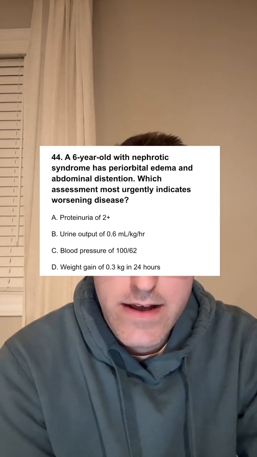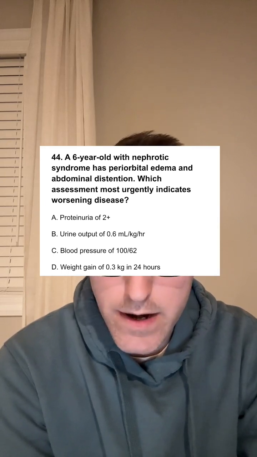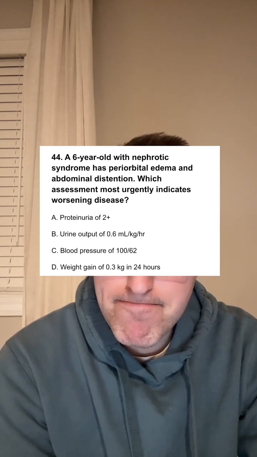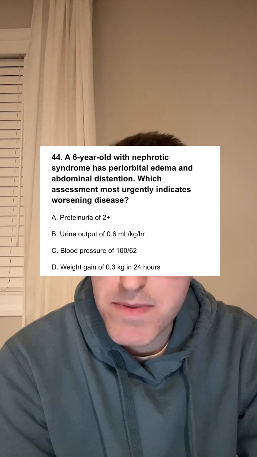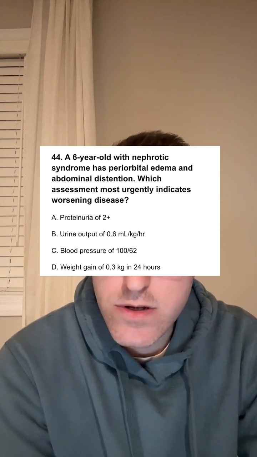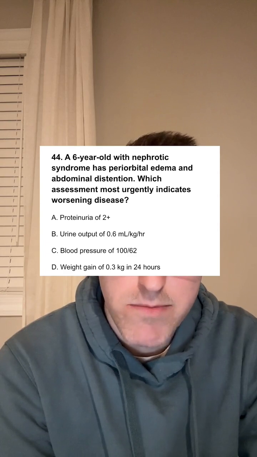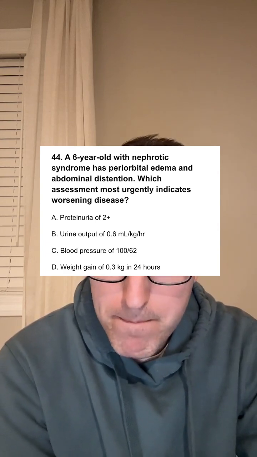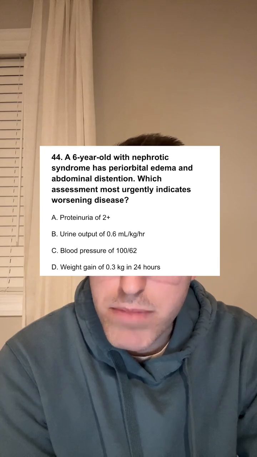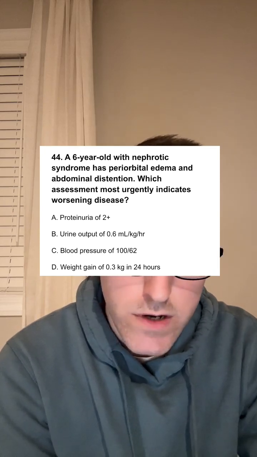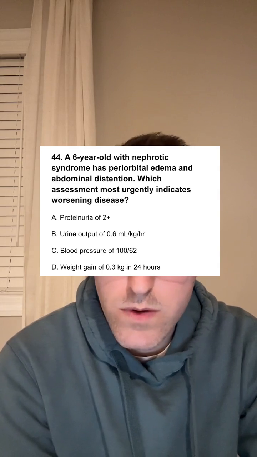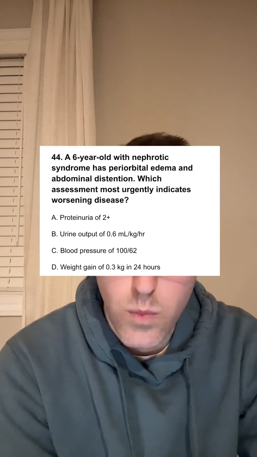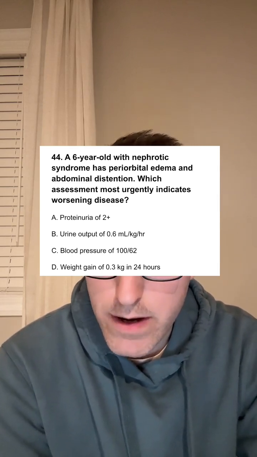So it's not A. Proteinuria is expected in chronic. C's wrong because BP is normal for that age. And it's not D because a small gain is not the danger sign here today. Okay? So answer is B. Remember, generally, in peds, we want at least one ml per kilogram per hour.